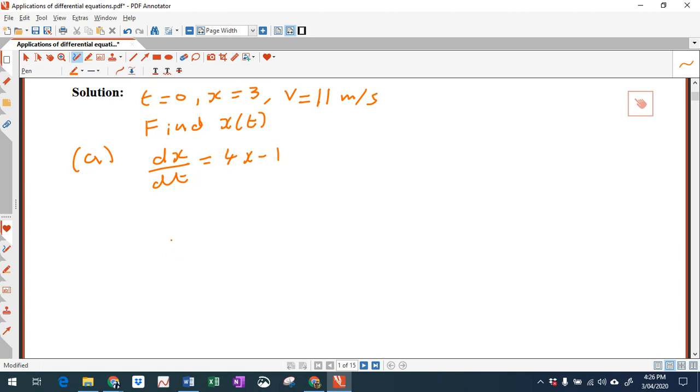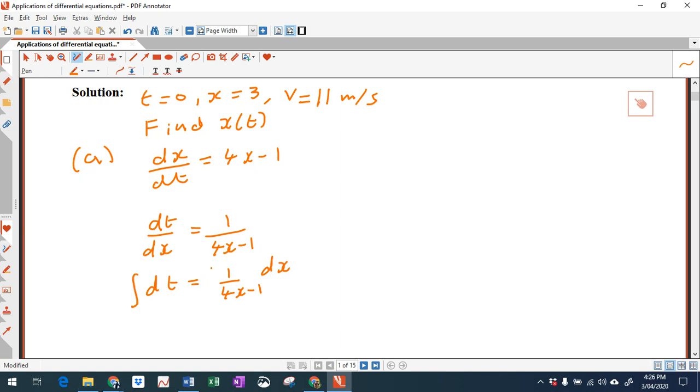Starting with flipping the derivative, dt/dx equals 1 on 4x minus 1. And then we're going to have dt equals 1 on 4x minus 1 dx. Now we've separated the variables, we can integrate.